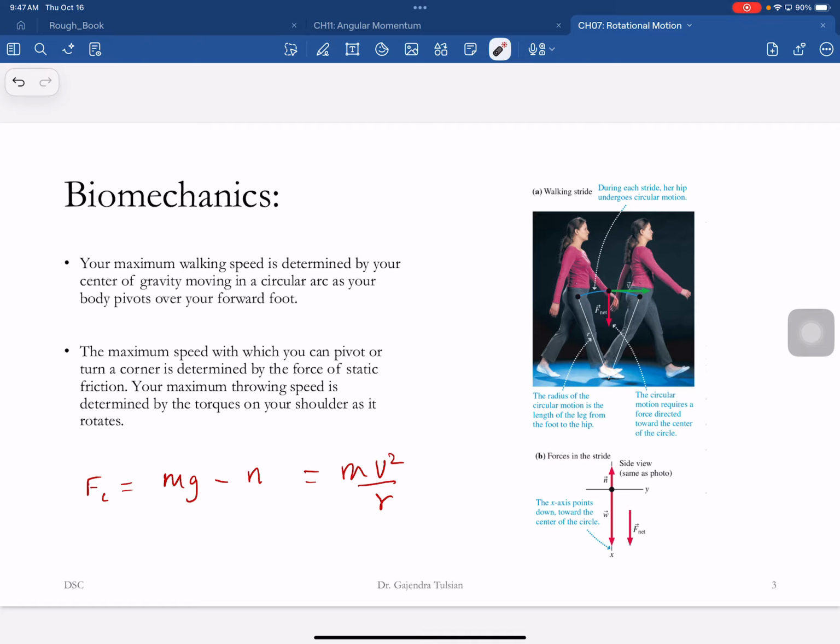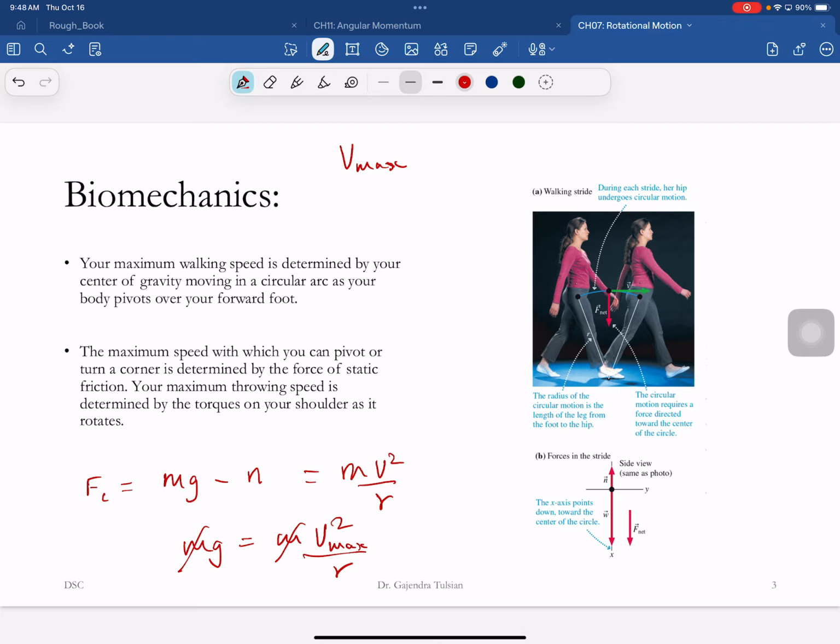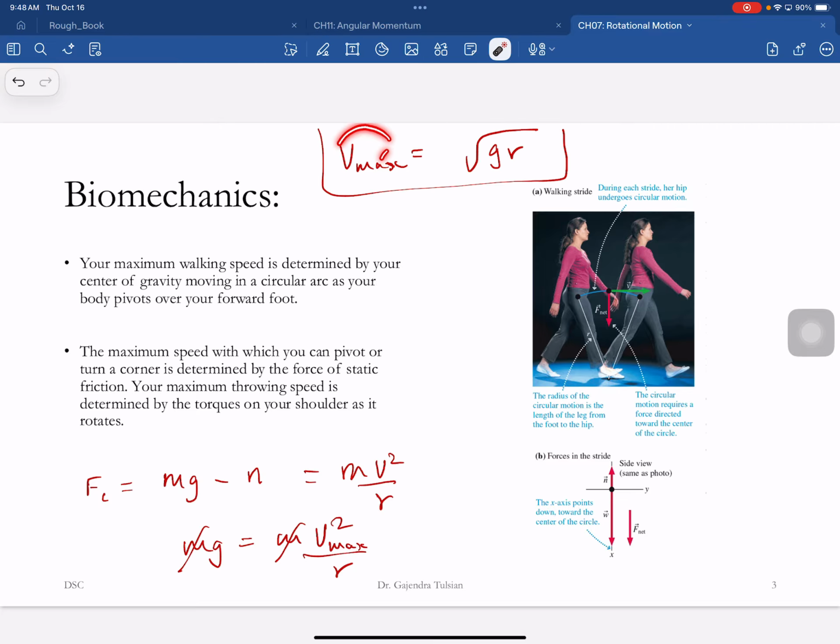If this height is about 0.7 meter, which is a little over 2 feet, that's the average leg length, it turns out that your maximum walking speed is given by this: V max squared divided by R, mass cancels, V max is the square root of G times R. So your maximum walking speed is the square root of the acceleration due to gravity times the length of your leg.